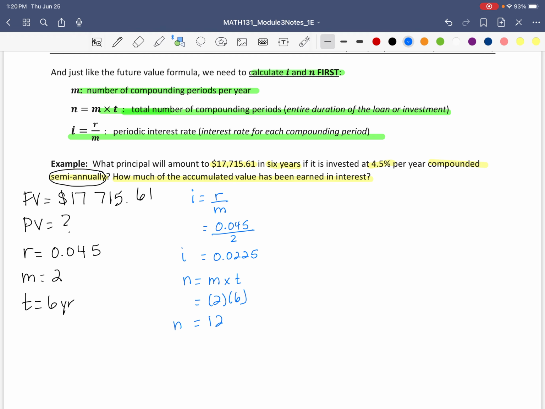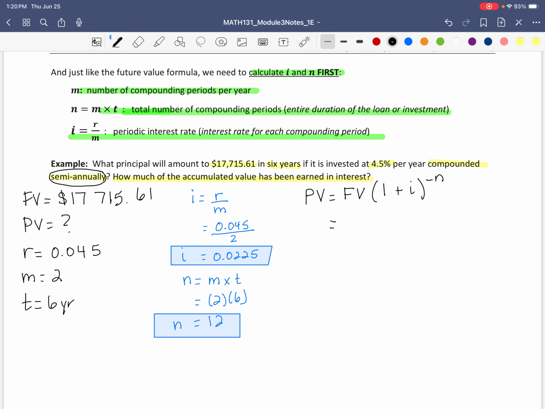So now we've got our value for I and our value for N that we're going to use in our formula. Okay, so we're solving for present value. So my present value formula tells me that it's equal to my future value times 1 plus I to the power of negative N. Or again, you could use that rearranged formula with a positive exponent if you choose.